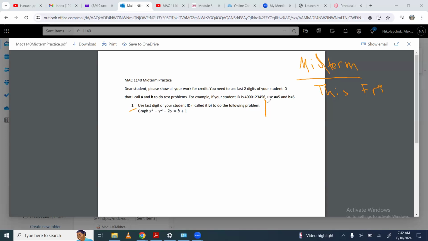As a student of this college, everybody has a student ID number. So I made up 1, 2, 3, 4, 5, 6, and I use the 6, the last digit, to put in this equation. And this way, different students are not going to get the same answers. So students will get different answers, so you can practice to do the problem.